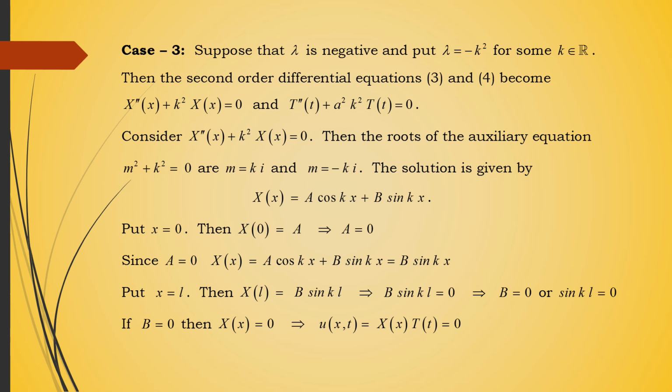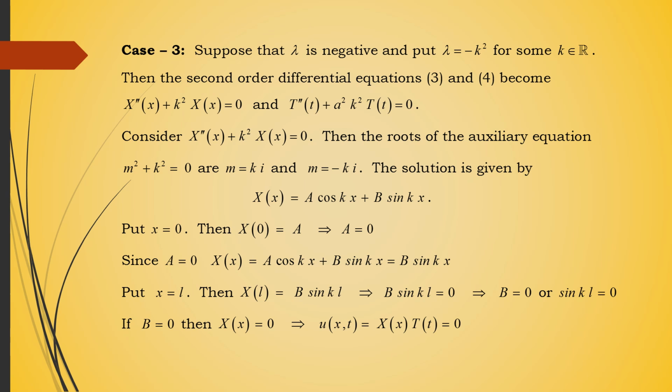Now the solution of X''(x) + k²X(x) = 0 is given by X(x) = A cos kx + B sin kx, where A and B are any two arbitrary constants.